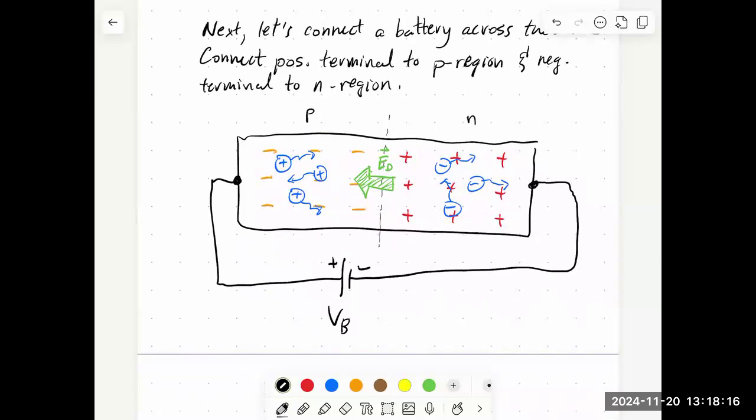Well, we know that if we have a battery, imagine this was a resistor for a moment, then we would get a clockwise current in this direction, driven by an electric field pointing this way across our resistor. But the same thing happens in the diode, right? We would have high potential here, low potential here, and electric fields point from high to low potential. And so we're going to get a second electric field due to the battery.